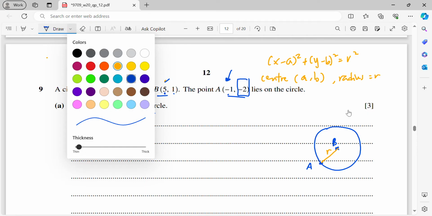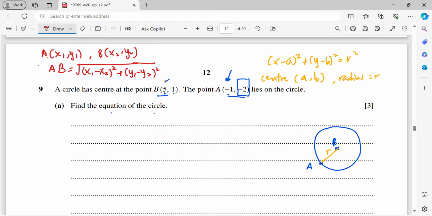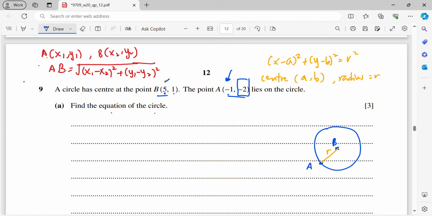So now, to find the distance, just for your information, let's say you are given (x1, y1), B is (x2, y2). The distance, which is the length of AB, is square root of (x1 minus x2) squared plus (y1 minus y2) squared. So this is the distance formula. Now, I'm going to use this to get my radius, r.